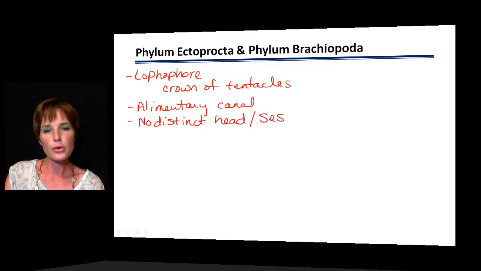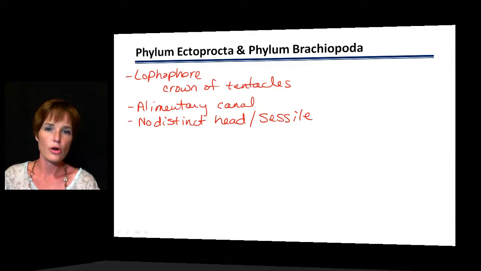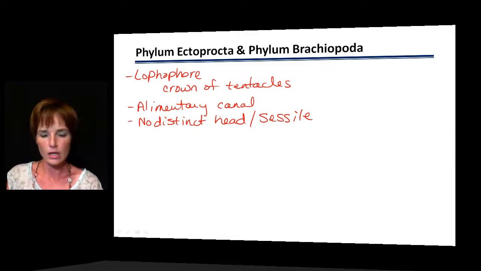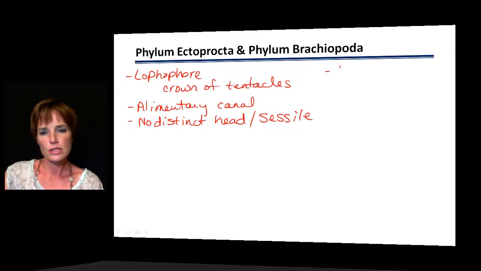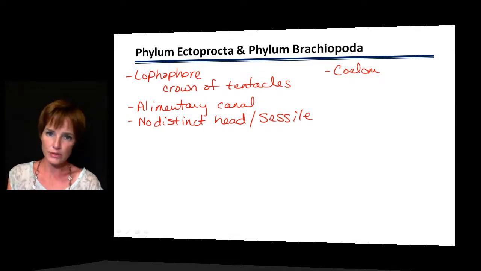These are not organisms that are going to be moving around. We'll see one group looks very plant-like. The other one's going to look like another invertebrate group, but these do also have a true coelom. So they have that fluid-filled cavity inside that's developed entirely from the mesoderm tissue.